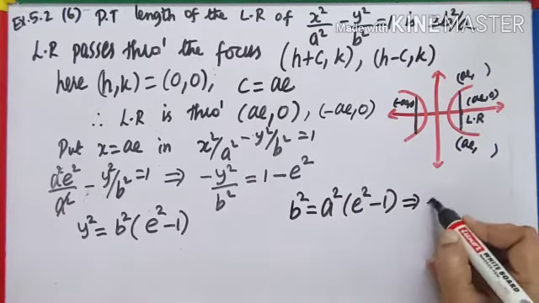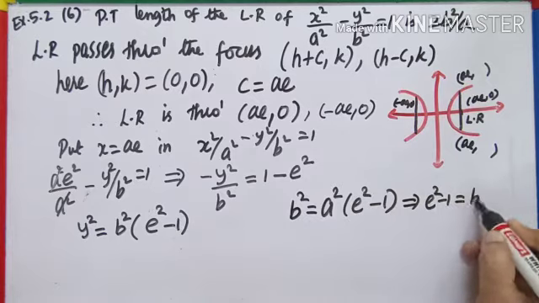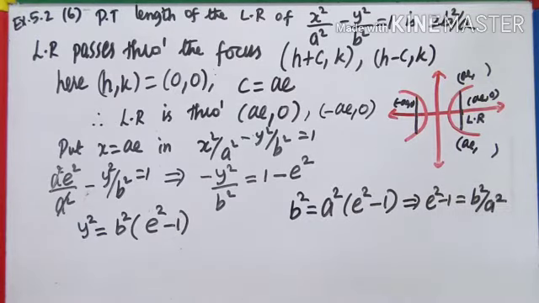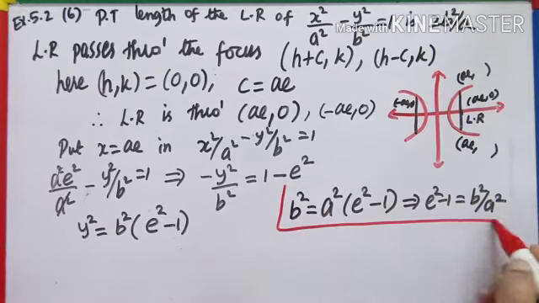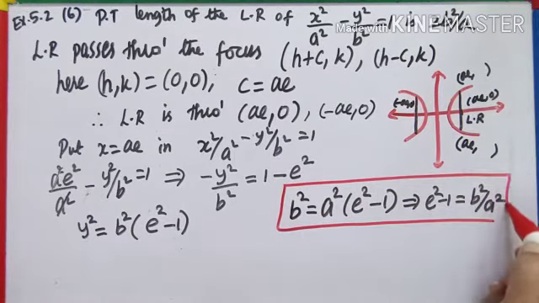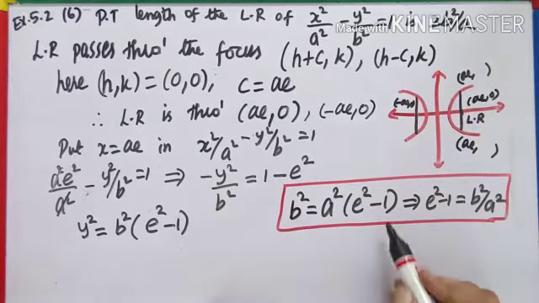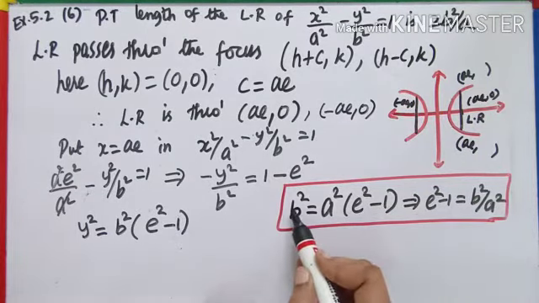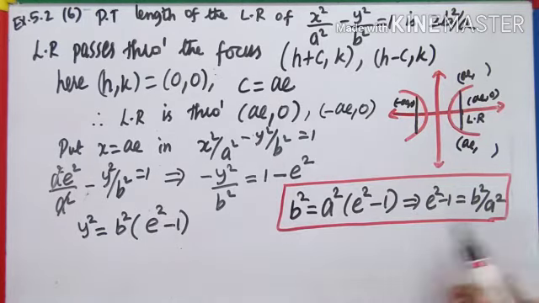So what is E square minus 1 from here? I am using the formula B square equals A square into E square minus 1, or from here E square minus 1 is B square by A square.